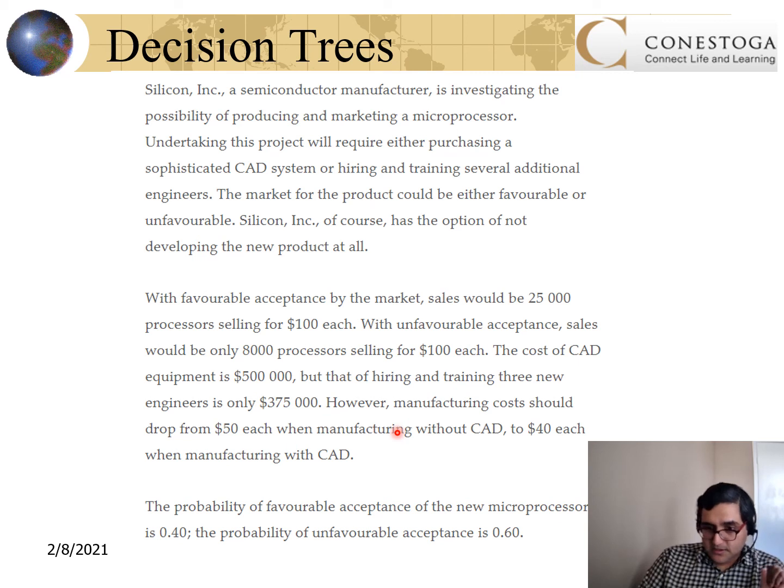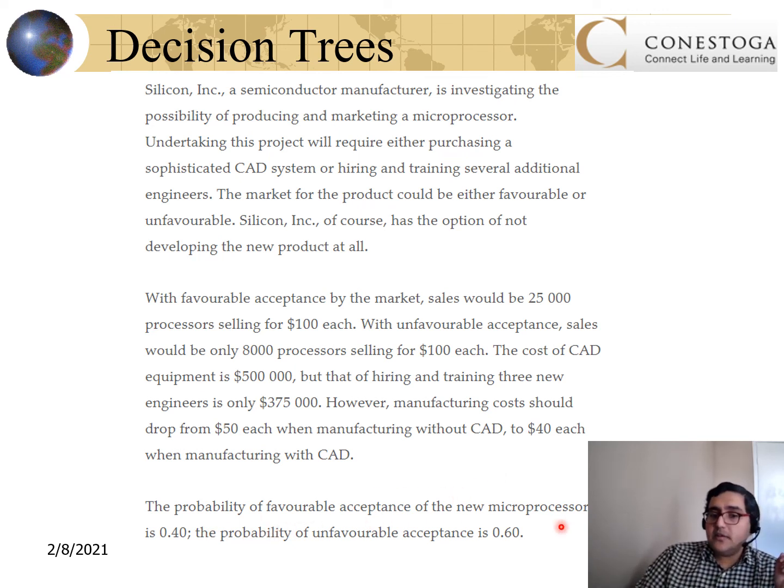But if I have the CAD software, my manufacturing cost will reduce. Increasing the labor is definitely cheaper initially because hiring them is not so costly, but it's not reducing my manufacturing cost. So my question is, should I be going ahead with this or not?